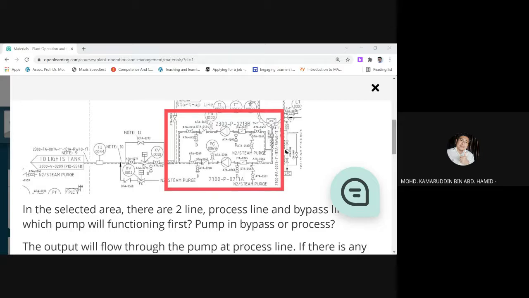Whereas for the temperature, tak perlu ada. What do you need? What kind of equipment do you need in order to increase temperature? Apa yang you perlukan? Apa dia, Sarul? Heater.